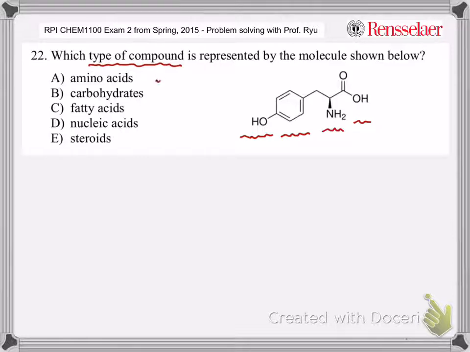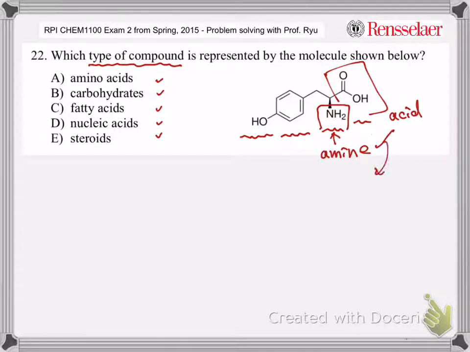Looking at the choices, this is almost like a natural compound, more like a compound used in biochemistry. This is what we call the amine, and this is what we call the acid. Biochemists came up with the name amino acid, which is a basic building block.